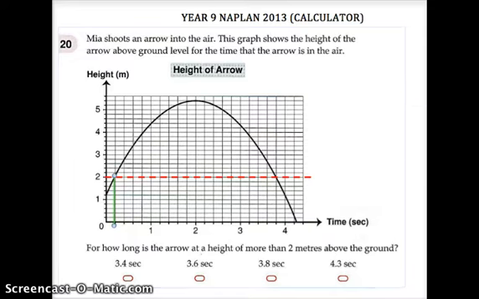I haven't worked out the time yet, but after this point in time, the ball is more than 2 meters above the ground. It's 2 meters, 3 meters, a bit more than 5 meters here, and it comes back down, and at this time here, it's 2 meters above the ground again. So I'm going to put another little green line there.